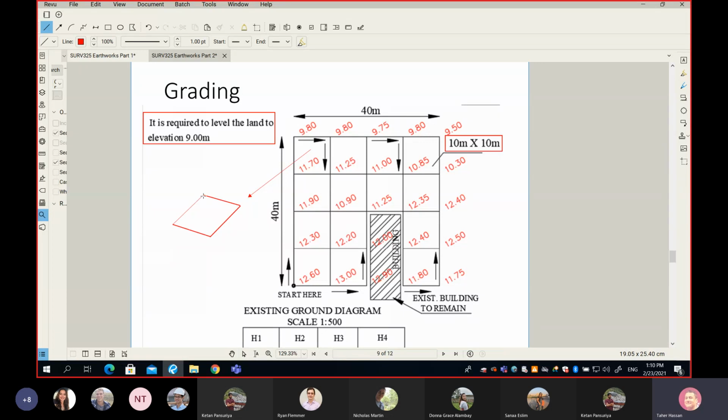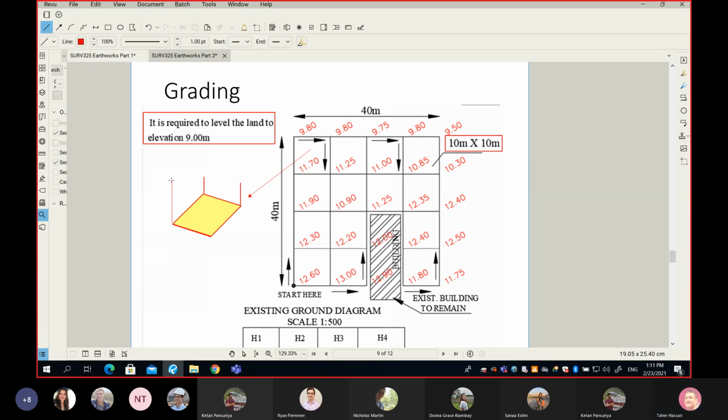We have here an area. I'll start here and draw a polygon. We'll go from here to there, to there, to there, and then close it. This area is 10 by 10. At every corner, we simply measure the elevation. Those are the elevations that we measure.